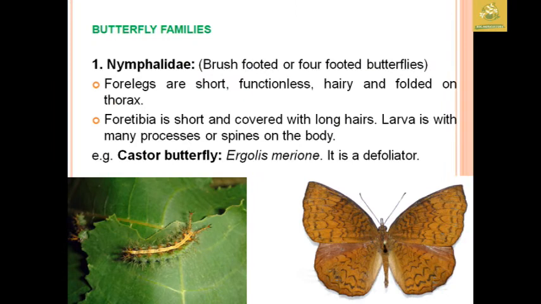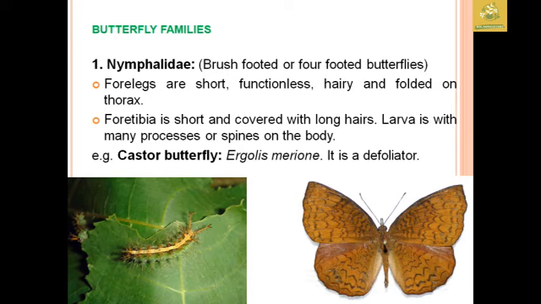First, we are going to see the family Nymphalidae. These are said to be the brush-footed butterflies, or also you can call them the four-footed butterflies. A better example for the Nymphalidae family is the castor butterfly, where the scientific name is Ergolis merione. It is a defoliator in castor.